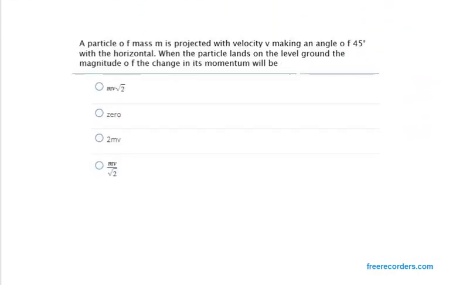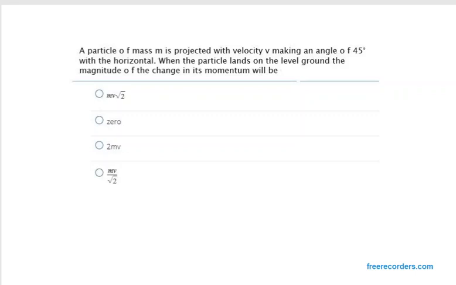Let's start with the third one. A particle of mass m is projected with velocity v, making an angle of 45 degrees with the horizontal. When the particle lands on the level ground, the magnitude of the change in its momentum will be. So we need to find the change in its momentum.